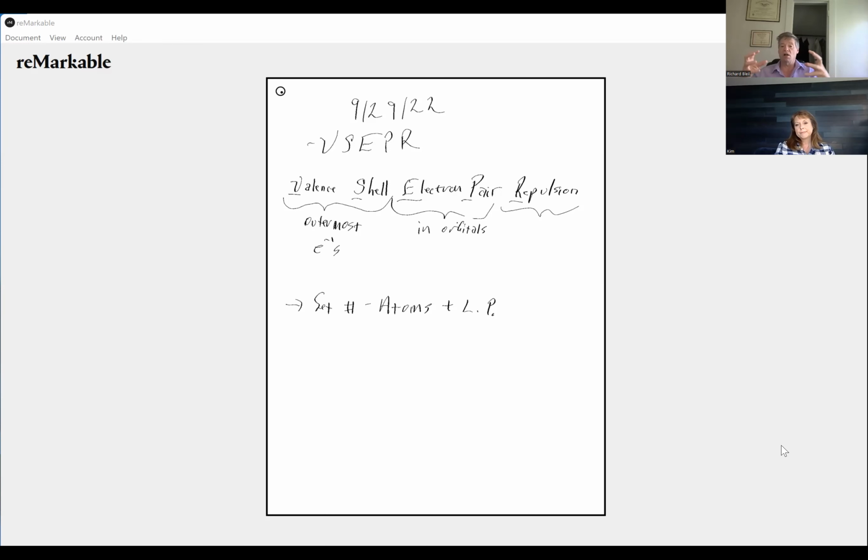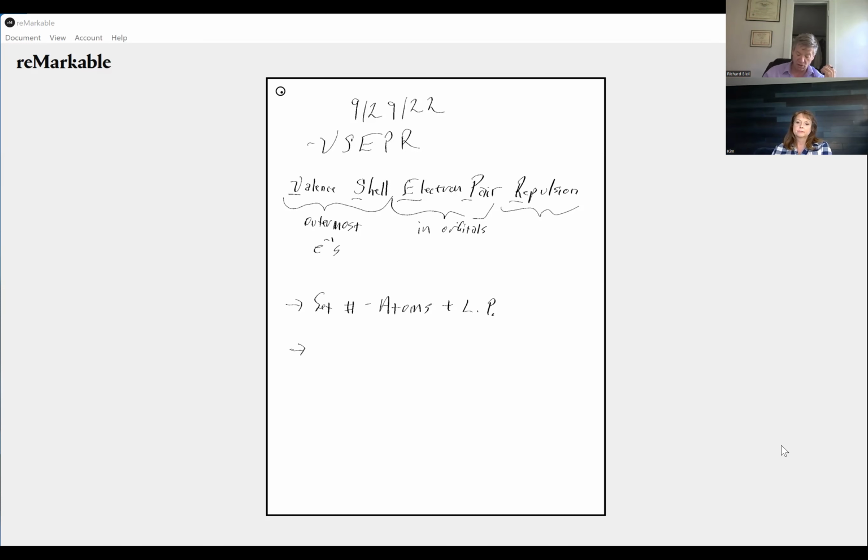But even then, all of those bonds are focused in the same direction. They're between the central element and the element that they're bonded to. So we're not going to worry about bond order. If we're bonded to another element, all those electrons are going in the same direction. They count as a single thing, a single item.